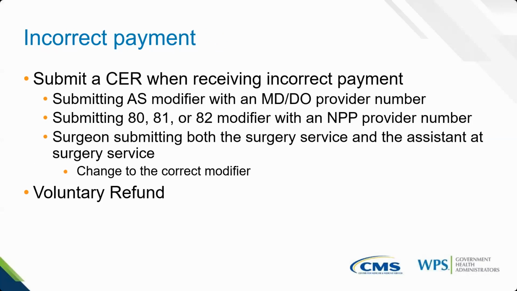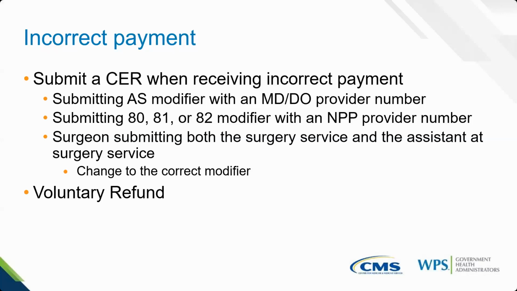We did see a few of those. Submitting the 80, 81, or 82 when the actual performing provider is a non-physician practitioner. We saw a lot more of those. And then the surgeon submitting both the surgery and the assist. The numbers were a little bit less on that than submitting the incorrect modifiers under a non-physician practitioner.